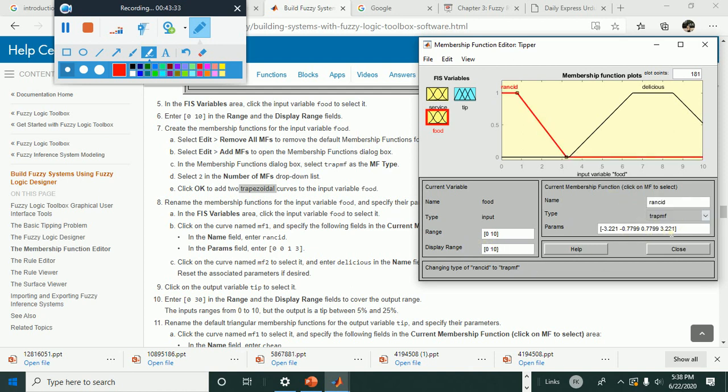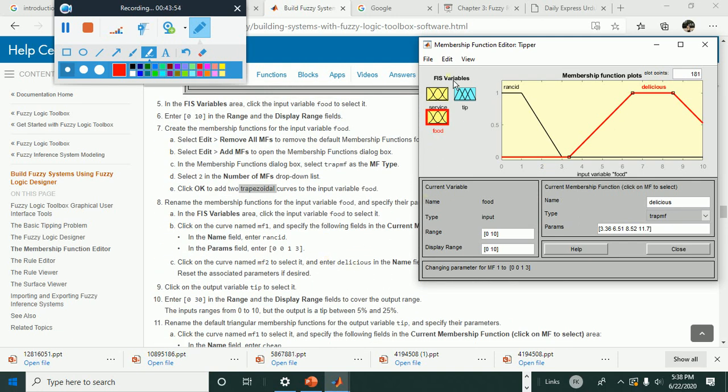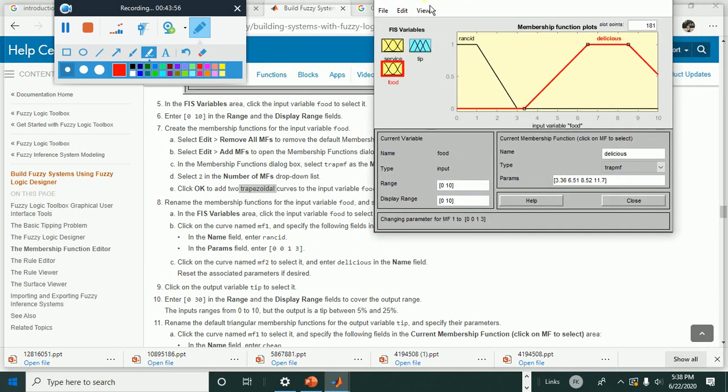So here we will give the values manually, and that is 0, 0, 1 and 3. And for delicious, how much we have to give the values?